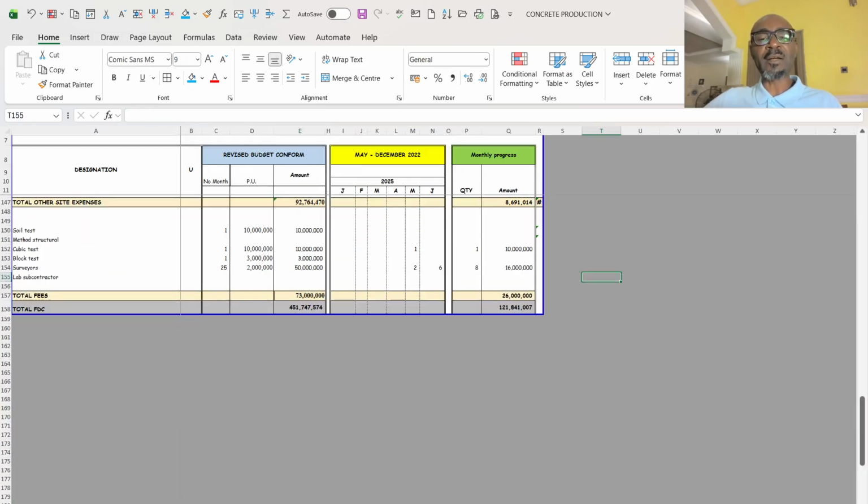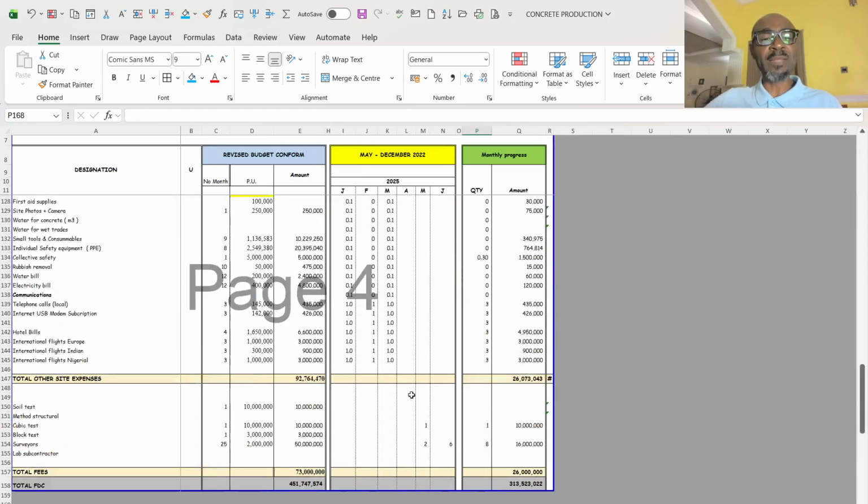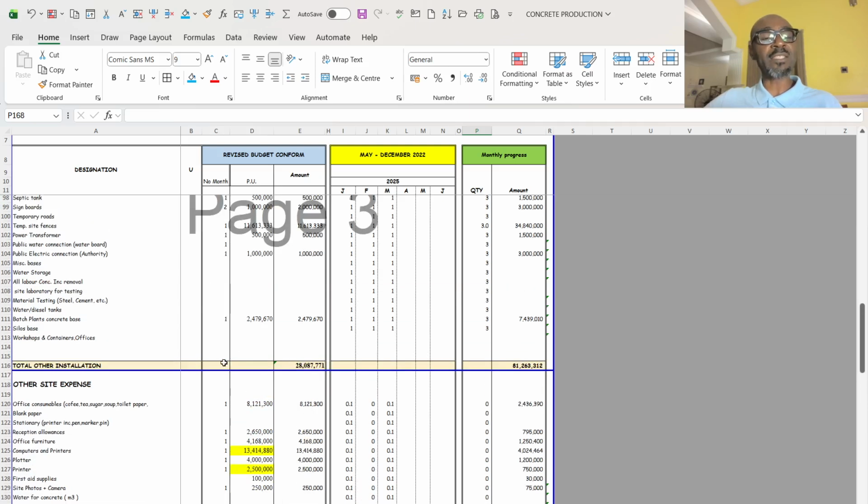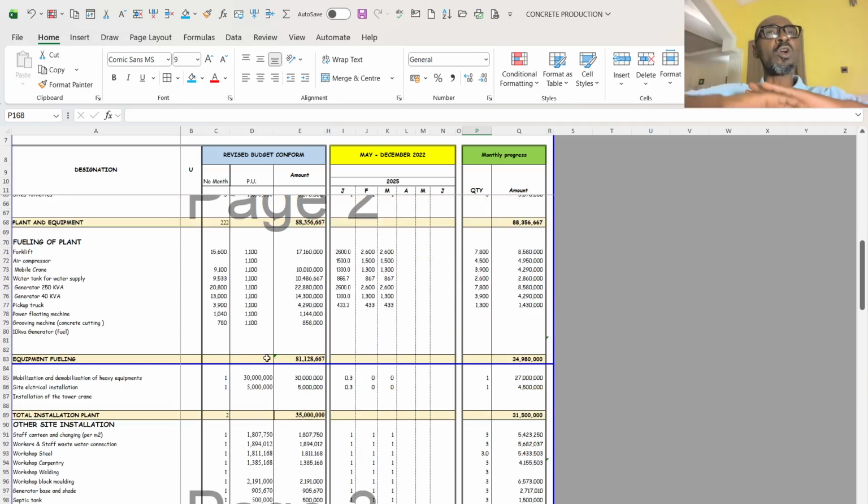I now said, this is my general prelims, which serve for all the job that will be done within that month, because this is concrete. We're taking out concrete, but on a project, it is not just concrete. You have other items that will go alongside with it. You have the formwork, you have the reinforcement, you have all the block works and all of that. So the managerial staffs, the other site staffs, they are all servicing those jobs that will be carried out for the whole of that month.